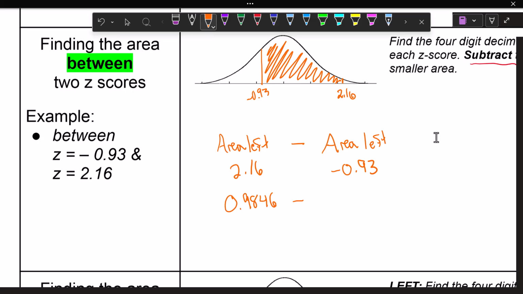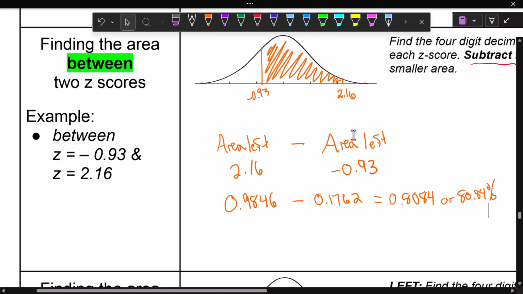And the area to the left of the negative 0.93 z-score would be 0.1762. We subtract the two, and we get 0.8084 or 80.84%. And it looks like there should be a big portion there, and that is probably 80%.